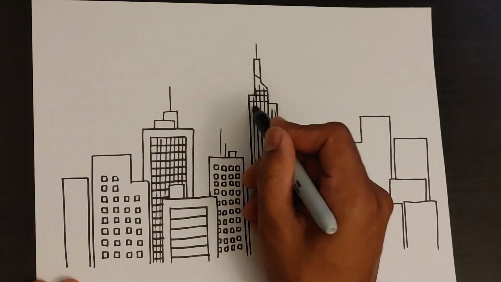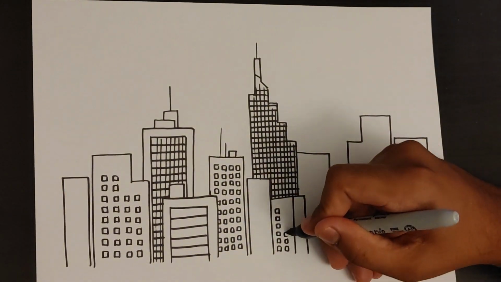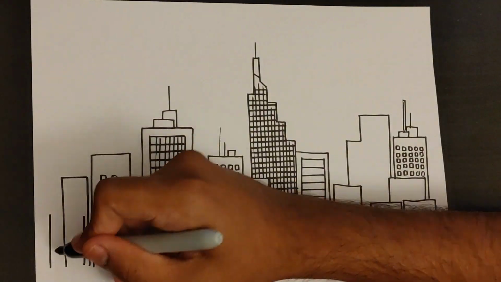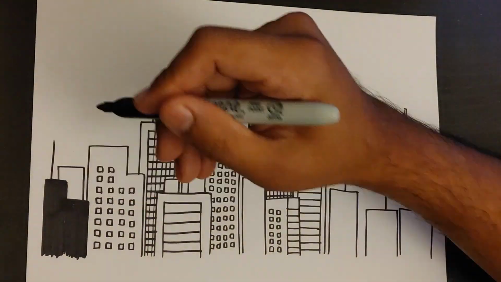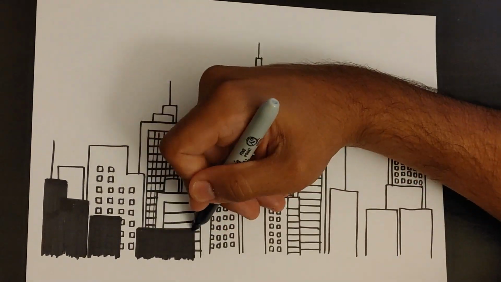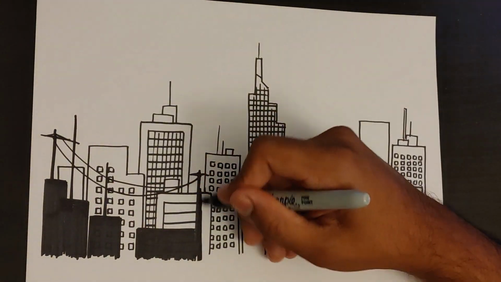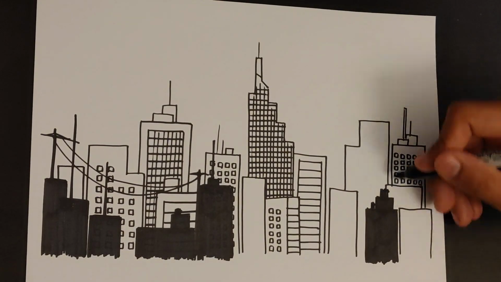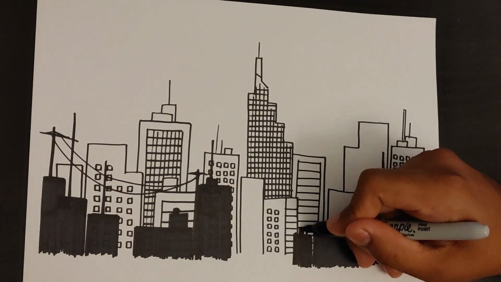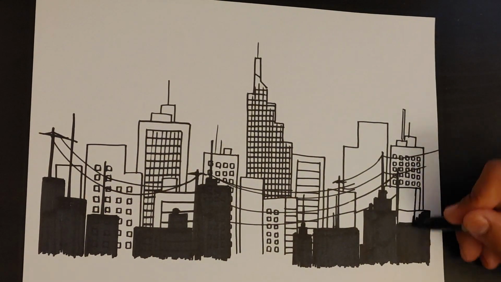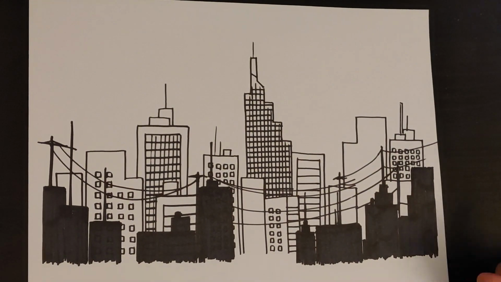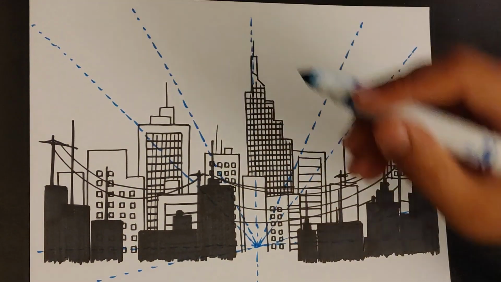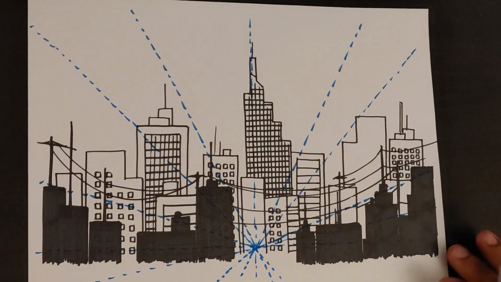So for the first one, let's sketch in some buildings, establish the skyline, and now add some more buildings in the foreground to create some depth. As you can see here, this is essentially what we call a reverse engineering of the 1-point perspective.